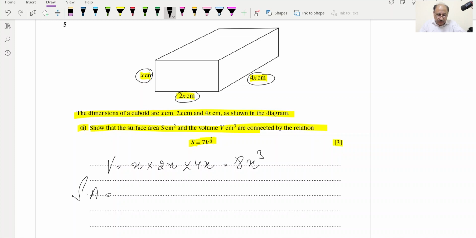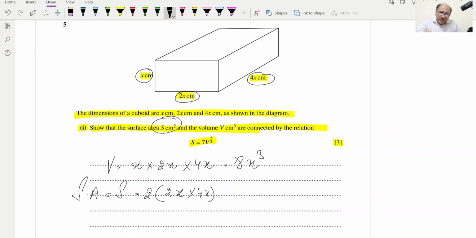The surface area we'll represent by S, and S is equal to, we will take the base, which will be 2x into 4x. The base and top are 2 equal areas, so 2x multiplied by 4x, this will be the 2 sides, top and bottom.